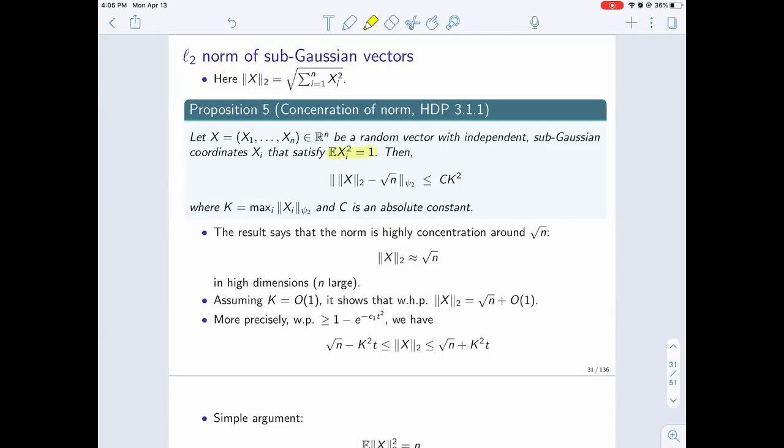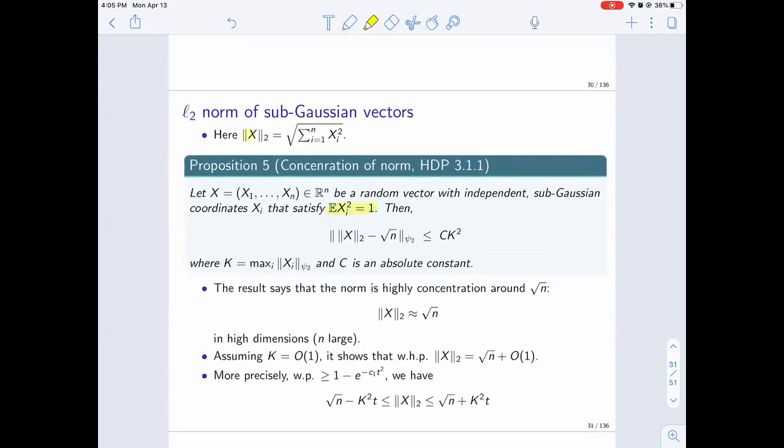If the second moment is 1, if I look at this L2 norm, and if I take the expectation of this squared, what would this be? N. Yeah, this is going to be the expectation of the sum of squares, and so this would be N.